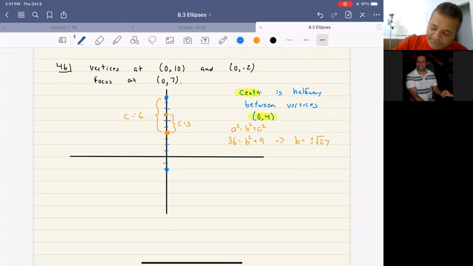So it's going to be x squared over 27, okay, because b is telling us what's going on left, right, plus y minus 4 squared over a squared, which is 36, equals 1.